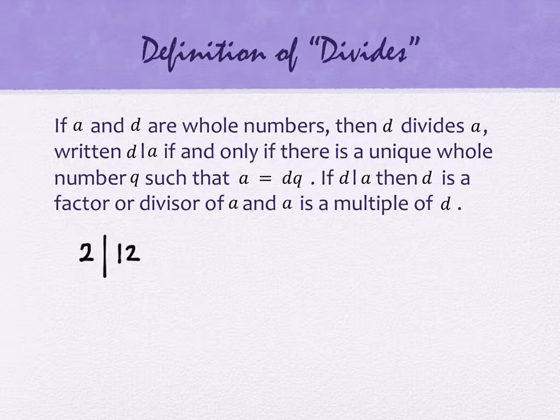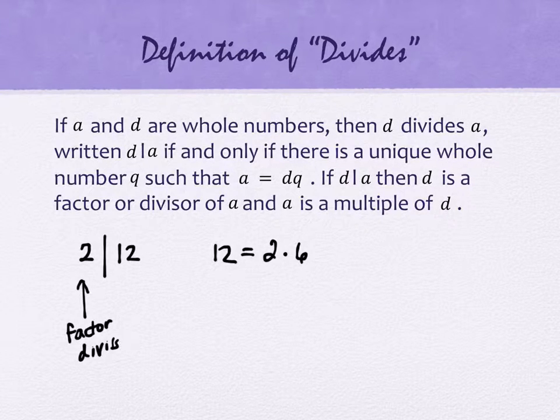The reason is because 12 is equal to 2 times what? 6, and 6 is a whole number. So we would call 2 a factor or a divisor of 12. And we would call 12 a multiple of 2.